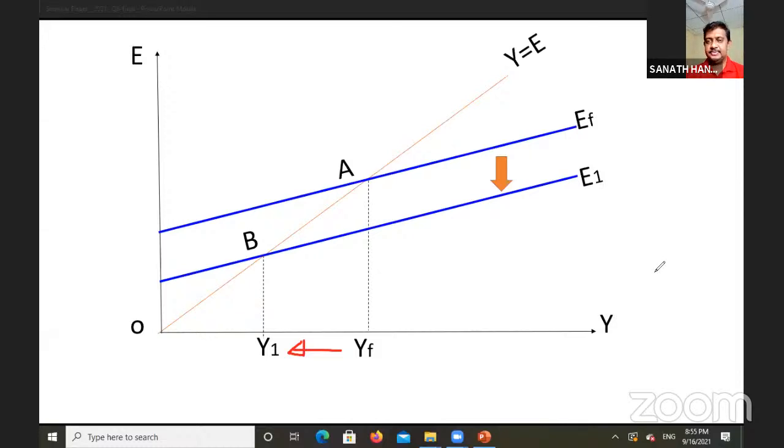This means an economy can be at an equilibrium with unemployment.